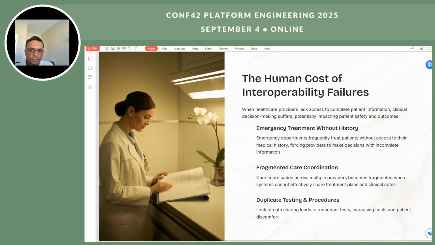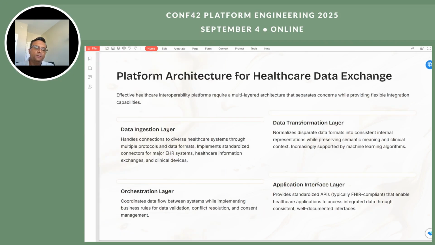So in order to address this, we have a platform architecture for healthcare data exchange, which is a multi-layered architecture that separates the concerns while providing flexible integration capabilities. The data ingestion layer handles connections to diverse healthcare systems through standardized connectors.